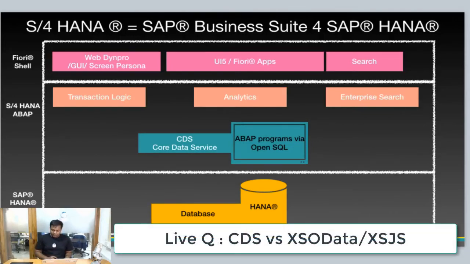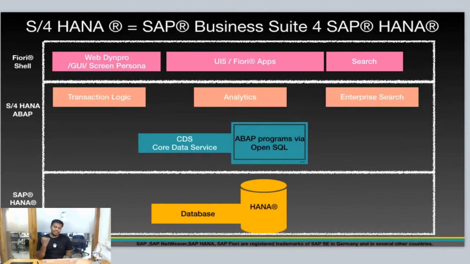Okay. So there's a question: what is the limitation of creating services in XSOData, XSJS versus CDS? When we are talking about service creation in XSOData, what I'm seeing mostly is that CDS utilizes your ABAP code.